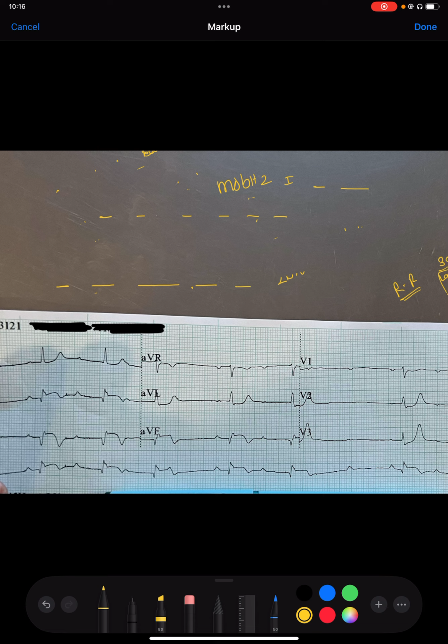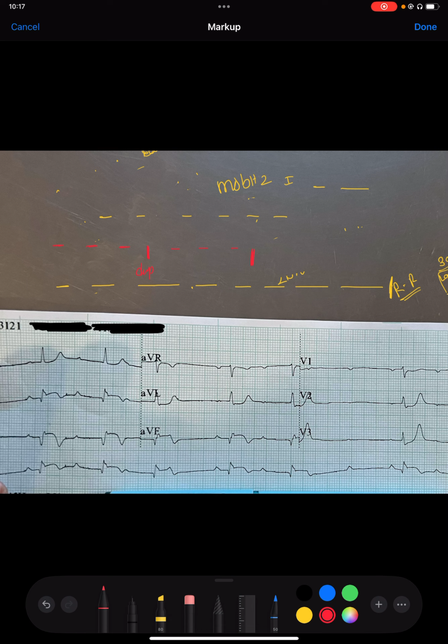Then again it follows the same pattern, and then there will be a drop in QRS. But in Mobitz type 2, the PR will be constant and suddenly there will be a drop in QRS. So this is Mobitz 1 and Mobitz 2.